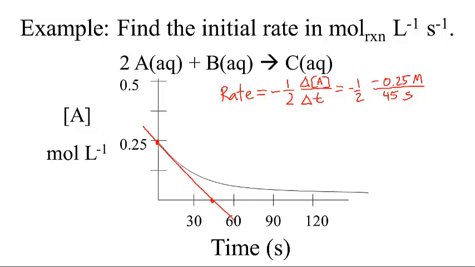Actually, I'm going to make my life easier. I'm going to put this into minutes. So this would be 0.75 minutes. That makes it easier because now I don't need a calculator.